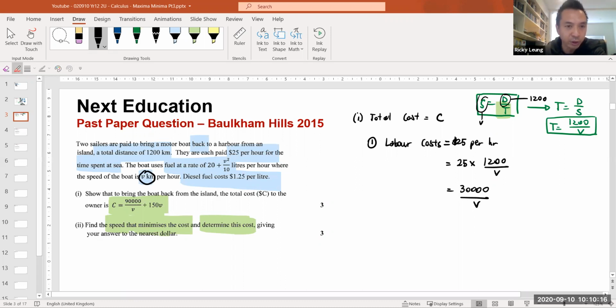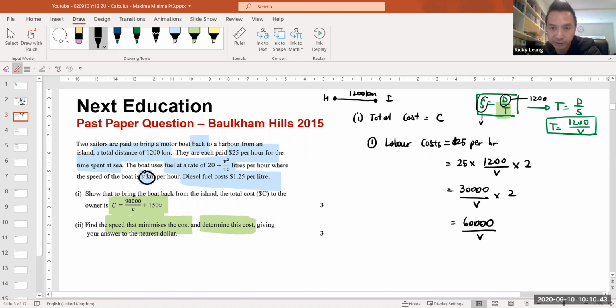I read this wrong. So if I had the harbour over here and the island over here, I believe that's 1,200 kilometers. So I need to do a return trip, right? So whatever it is, $25 an hour, I need to multiply this by 2 to get 60,000 on v. Yeah, it's a return trip.